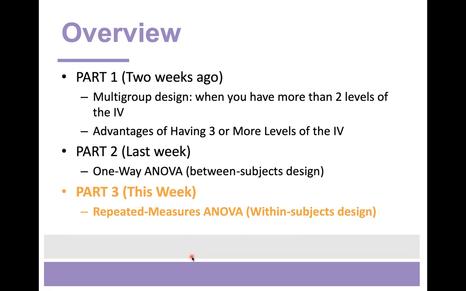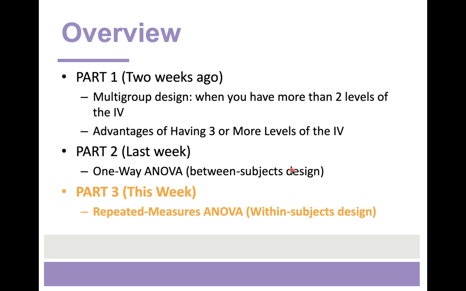So, if you remember, in the last section of this class, we learned about one-way ANOVAs in which we have a between subjects design and three or more levels of the independent variable.